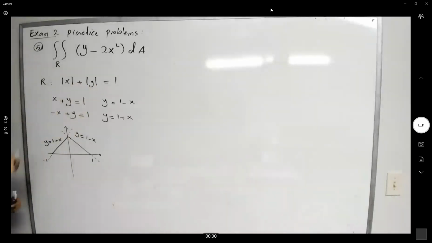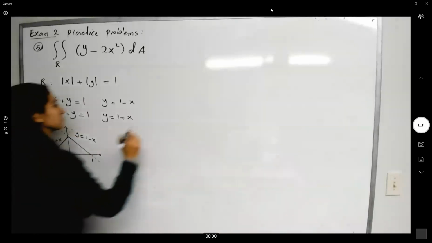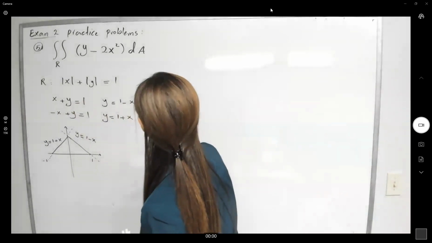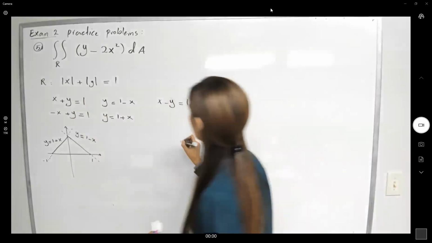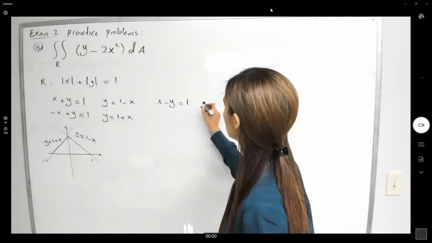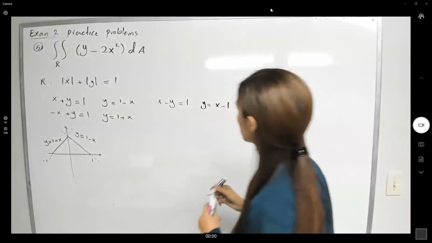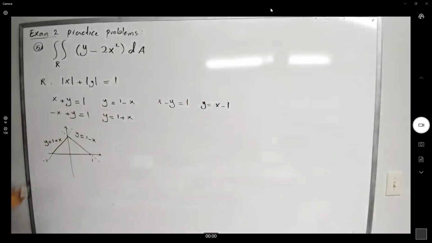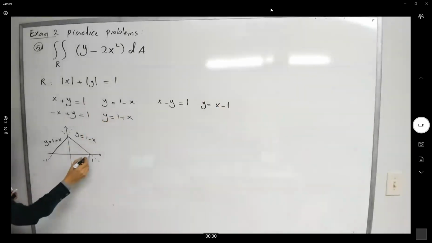Now we have to analyze absolute value of y. So x can be positive, y can be negative. What is this line? y equals x minus 1. Well, if I plug in, for example, 0, I get negative 1. If I plug in 1, I get 0.